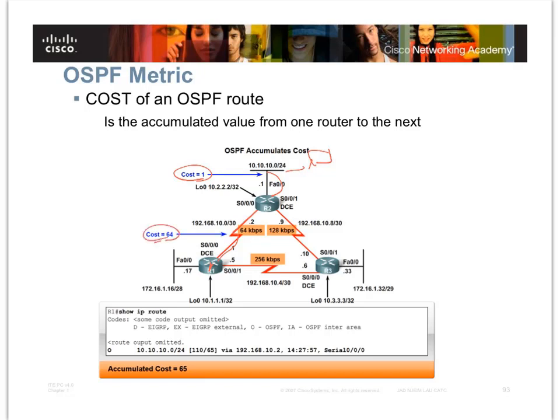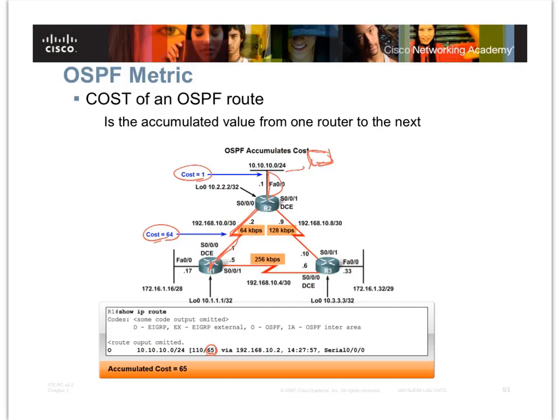So the cost is 64. So if I want to send from router 1 to a destination here, then I need to calculate the cost here, 64 plus this cost, which is 1, so the total cost is 65. That's the cost here. Okay, so that's how we calculate the cost.